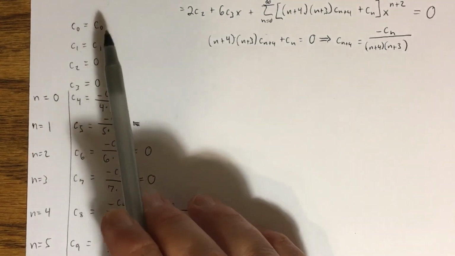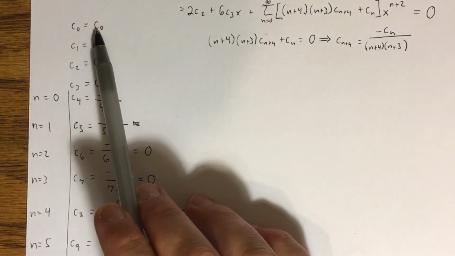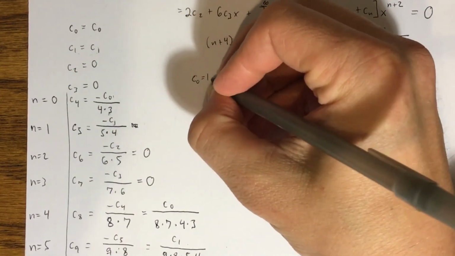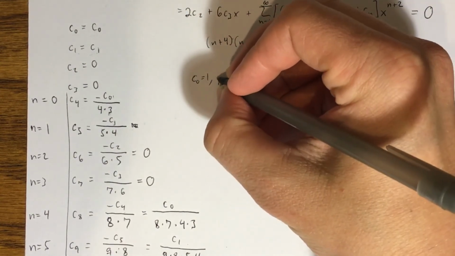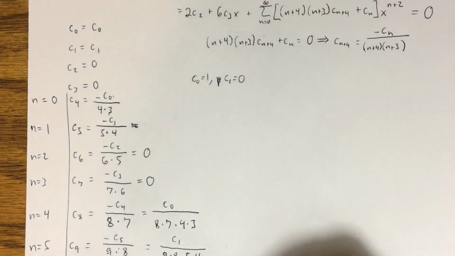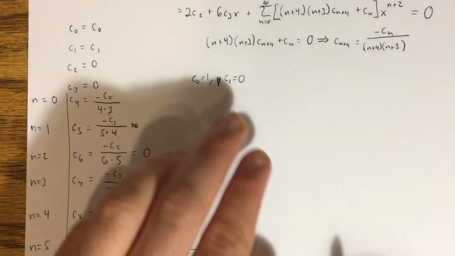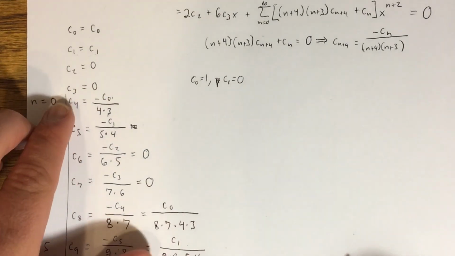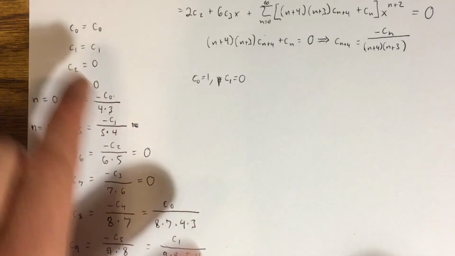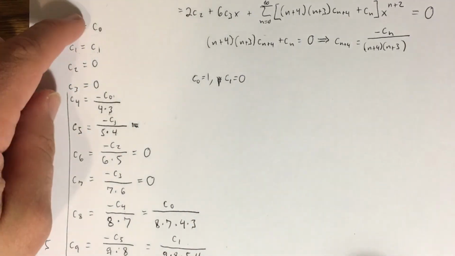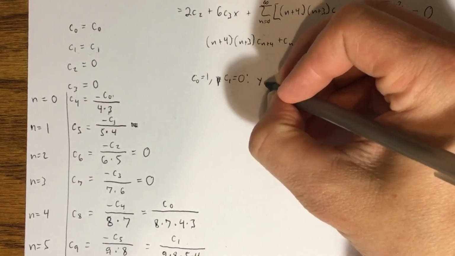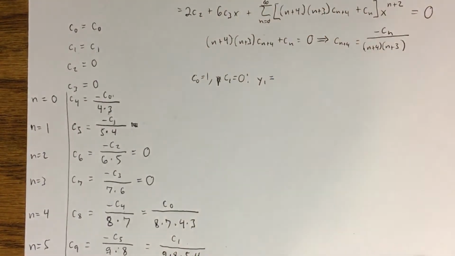So I'm going to start by assigning a 1 to C0, C0 equals 1, and a 0 to C1. What that means is that all of the coefficients that we just found that have a C1 in them are going to become zeros, and all of the C0s are going to be replaced by 1s. And so that gives me the following solution to my DE.